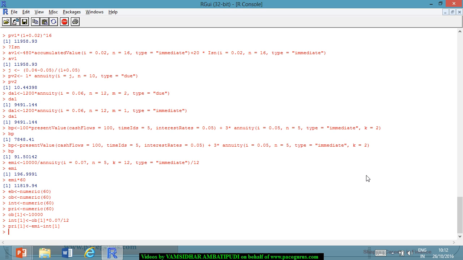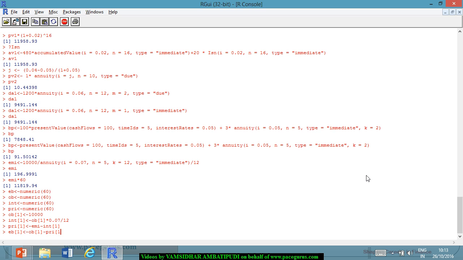Principal is there. Then we have ending balance, which is working out as the opening balance of 1 minus the principal of 1.